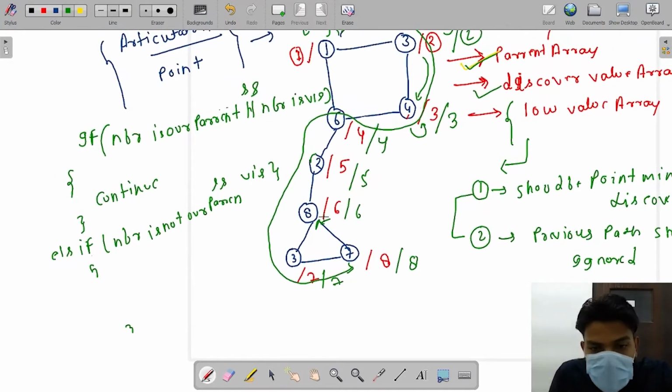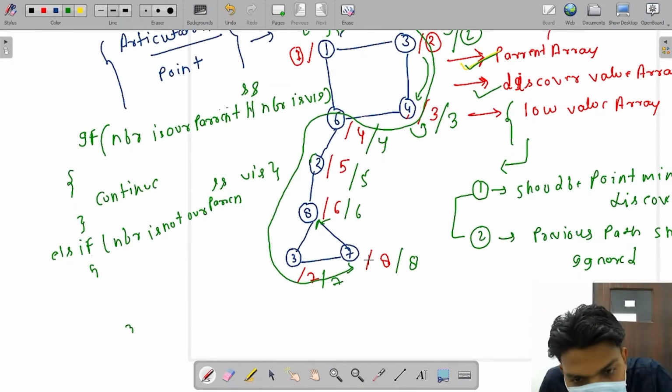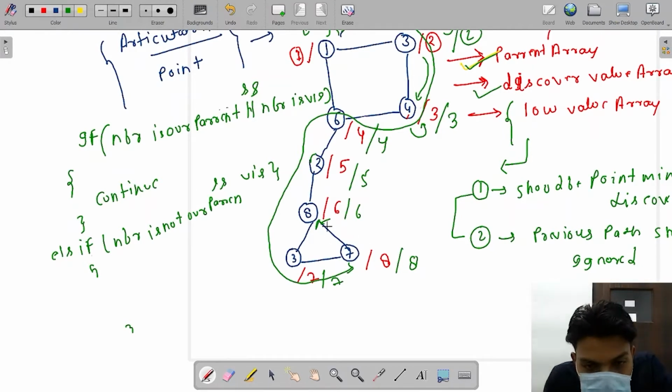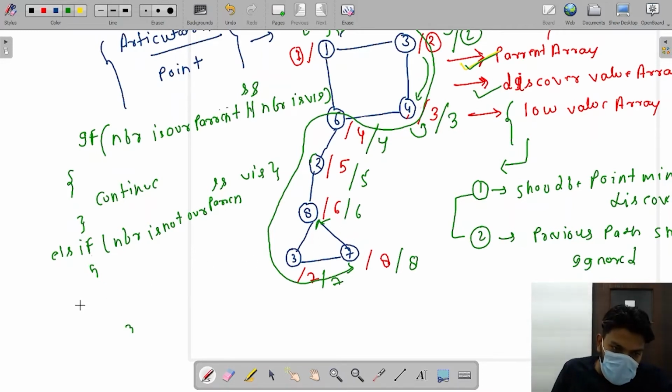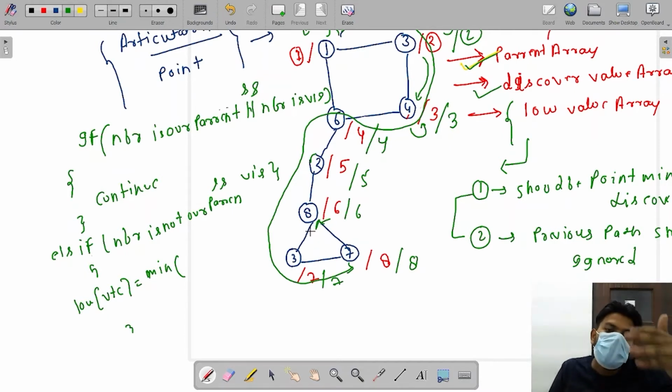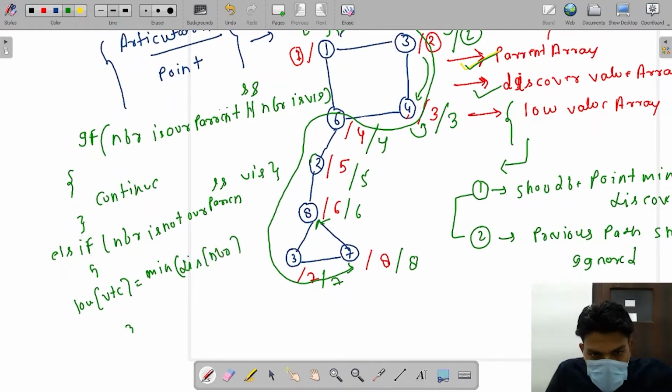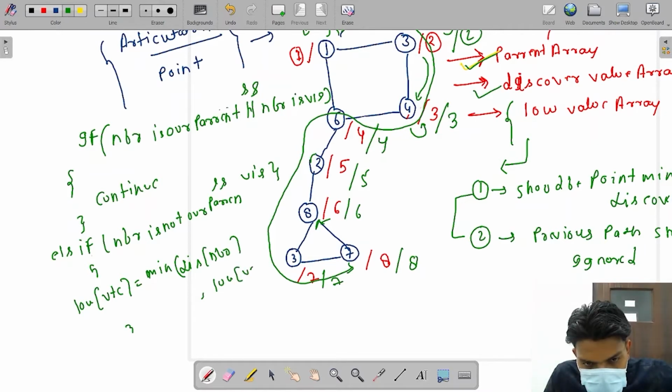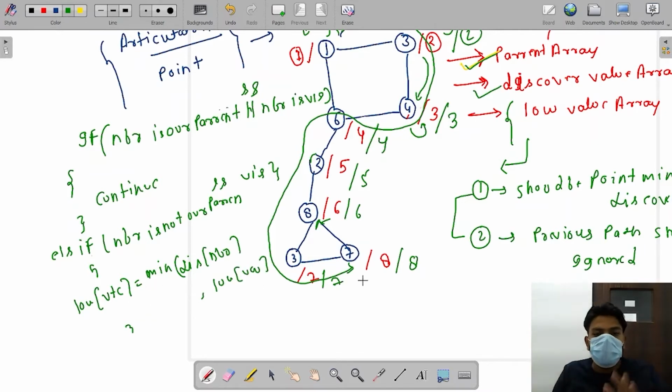We have to compare the discovered value of the neighbor with our own low value and update our low value. So we update low[v] equal to the min of low[v] and the neighbor's discovered value. According to this we update our low value.